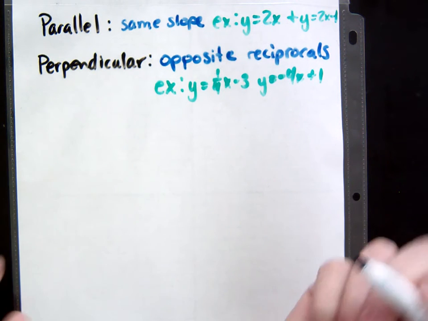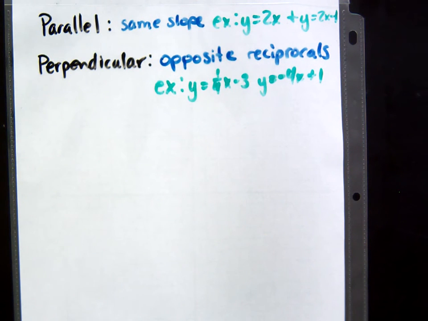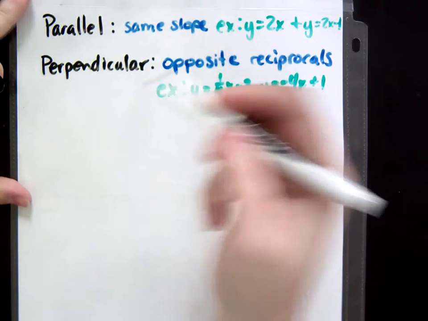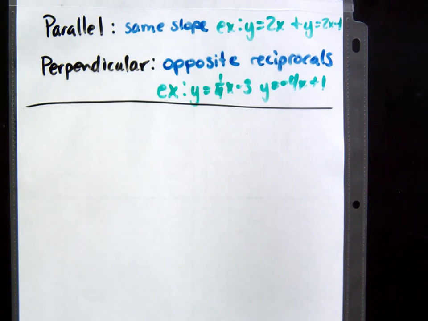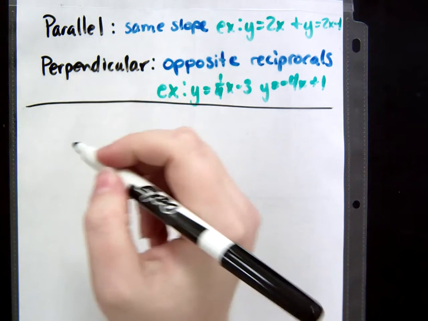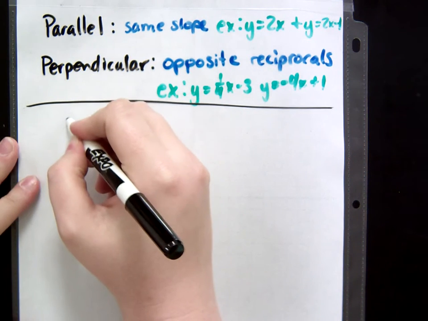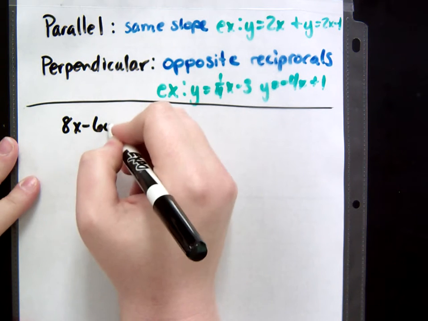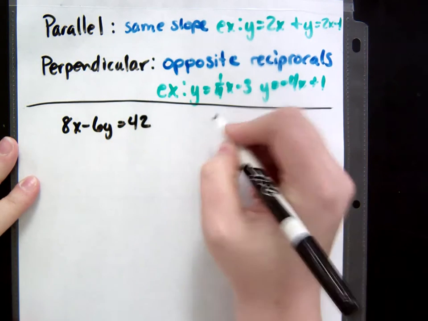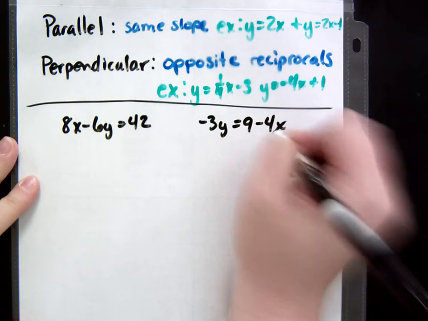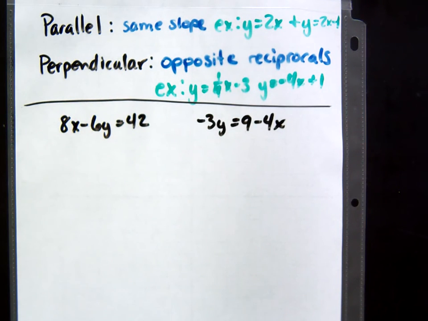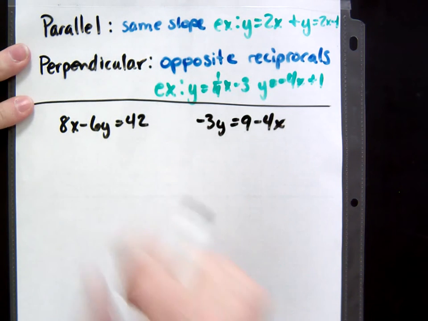But what if they are not written in slope-intercept form? Well, in that case, you're going to have to make them be in slope-intercept form. For example, if you see something like 8x minus 6y equals 42 and negative 3y equals 9 minus 4x. Well, in this example, you want to get y by itself, so y equals all the rest.